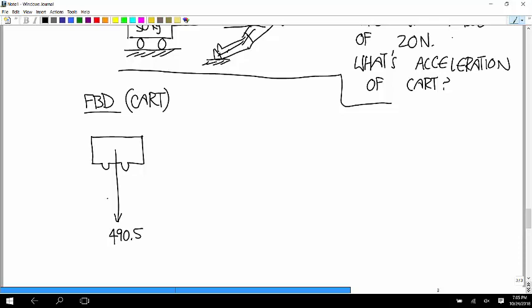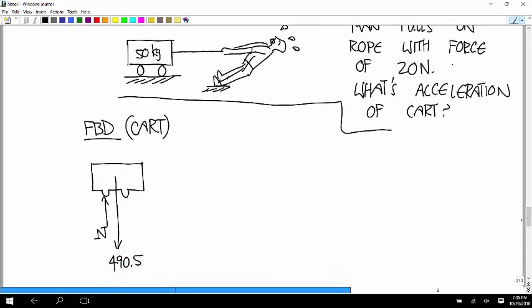Then there's a pushing force up from the ground. I'll call that N. And then there's the pulling force. We know the magnitude of that force is 20 newtons. The direction of that force is parallel to the cable that he's pulling on, away from the chosen body. So it's going this way.